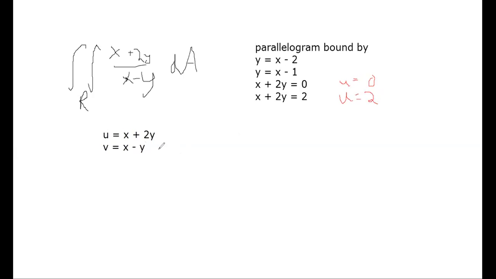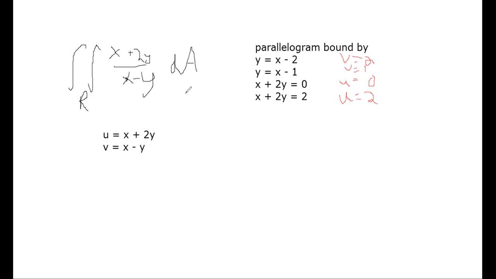And up here, x − y is the same thing. If I move things around, I get x − y = 2 and x − y = 1. So I get v = 2 and v = 1. I get this for free.